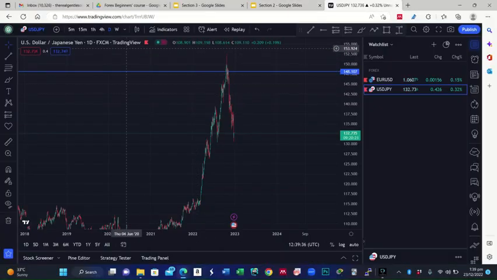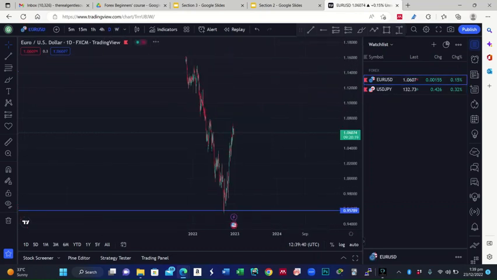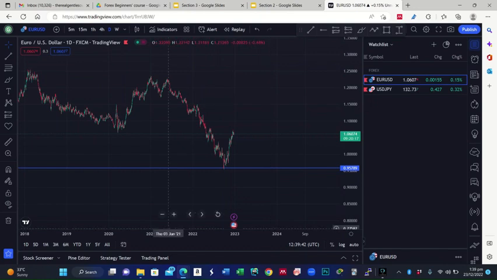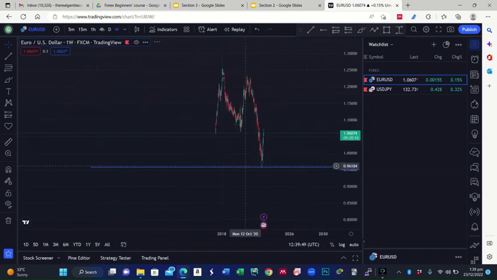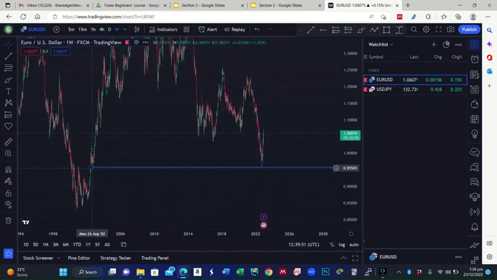So this is EUR/USD and USD JPY. To explain some terms practically for you to see, you can see in this pair, which is EUR/USD, from this previous bottom to this bottom, there is a sharp reversal now. So it means we are now trending upward.